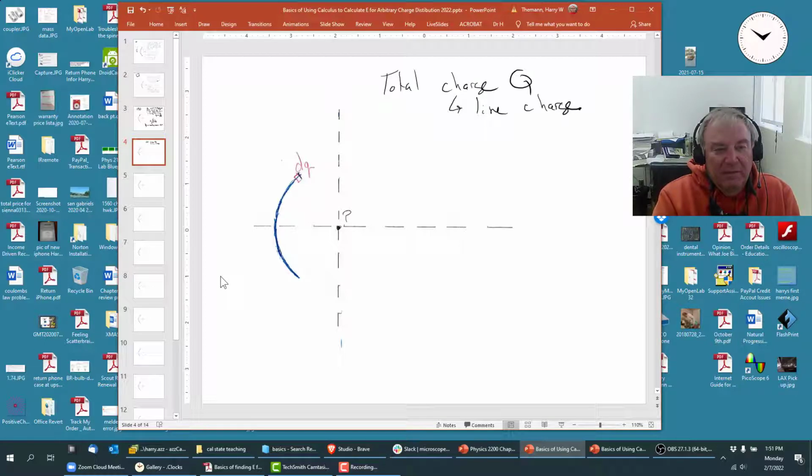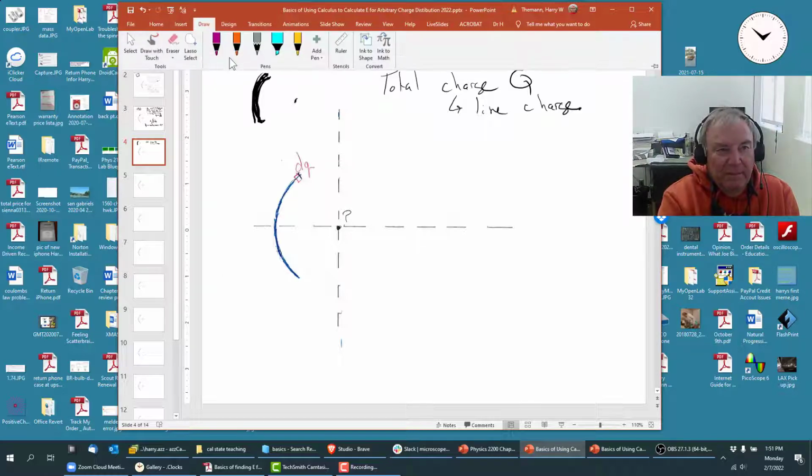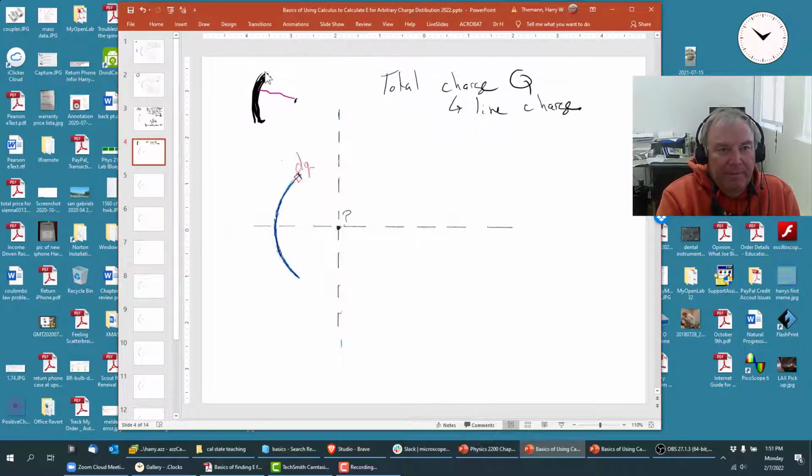If it was something thick like this, we'd have to take into account that there would be a difference in R from the outside to the inside. R outside, R inside. And we don't want to deal with that. Unless the problem says differently, we're allowed to do whatever we please.